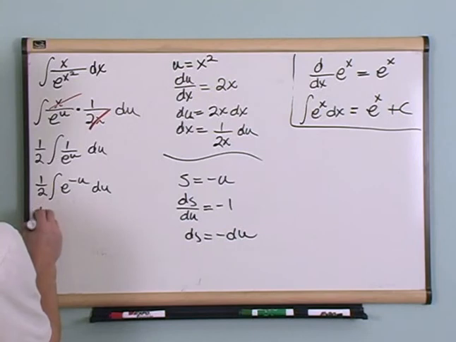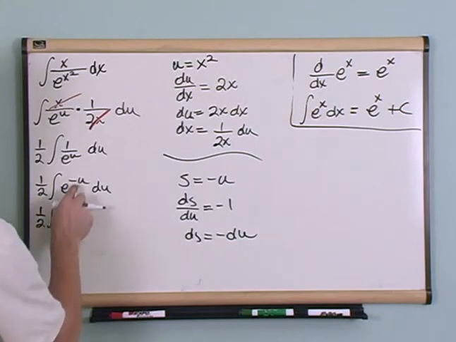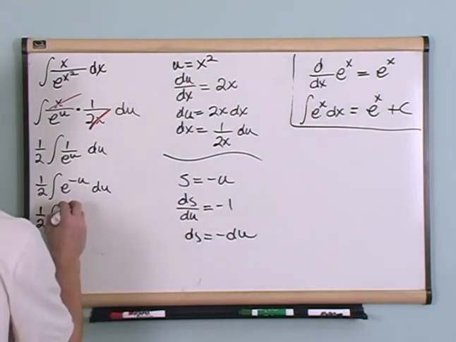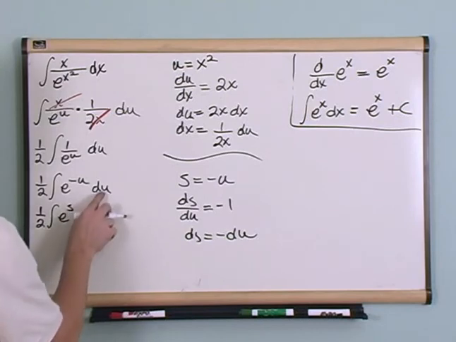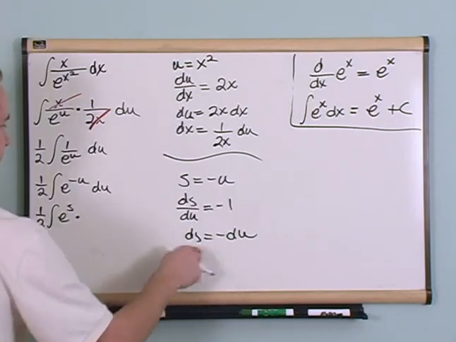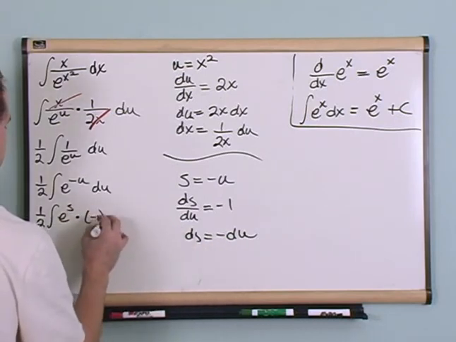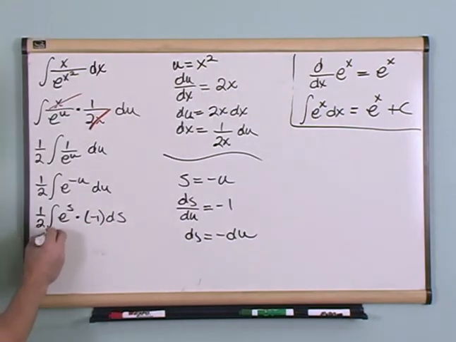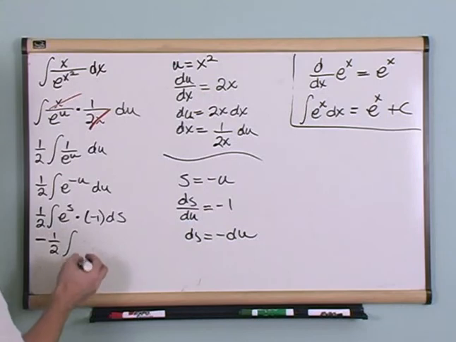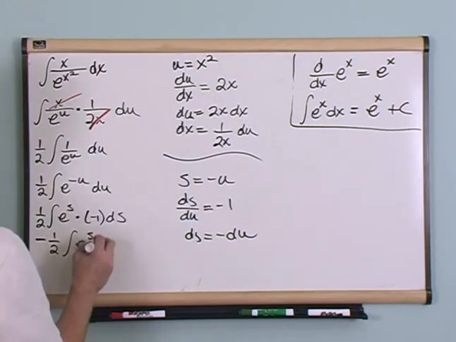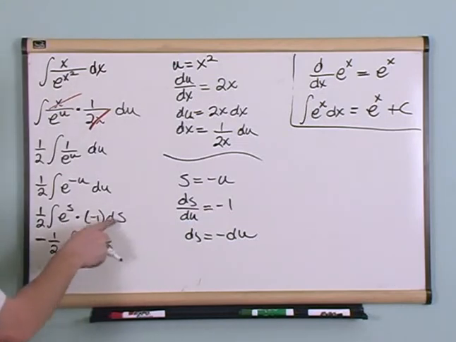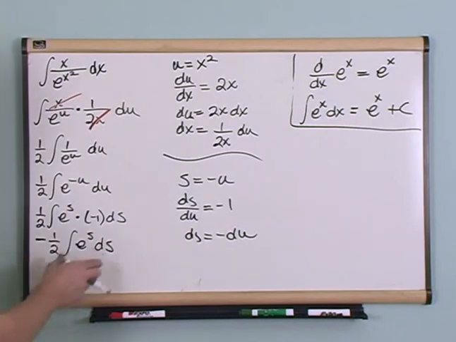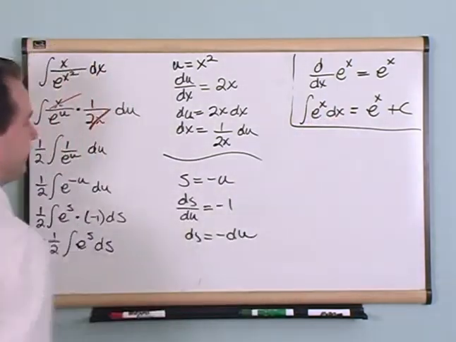So then you're going to have 1/2 integral e to the negative u, but that's just going to be s, times du. Du, if you move this over here, is just going to be negative 1 times ds. So the negative 1 can come out, so you can have negative 1/2 integral e to the s ds. Now it's exactly in the form that you need it.